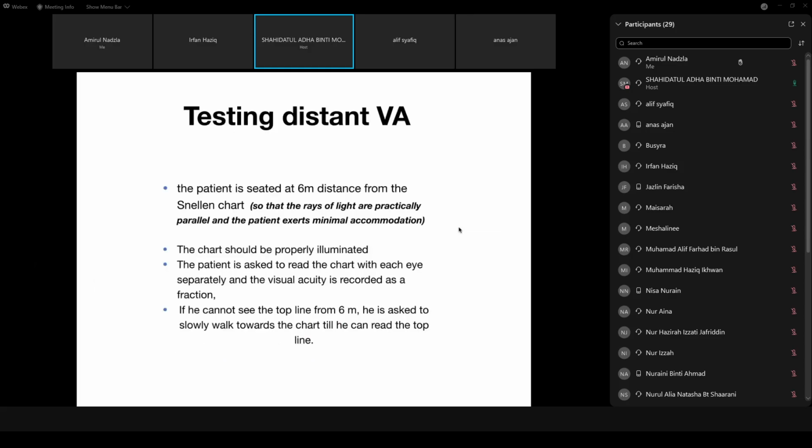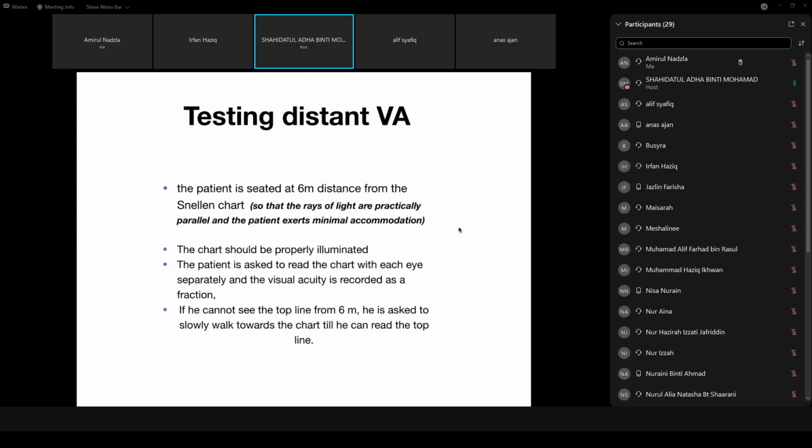Okay, how to test for distant visual acuity? The patient will be seated at 6 meter distance from the Snellen chart, so that the rays of light are practically parallel and patients will exert minimal accommodation. Because we don't want the patient to accommodate. Whenever someone accommodates, obviously the vision will be slightly better. We don't want that.